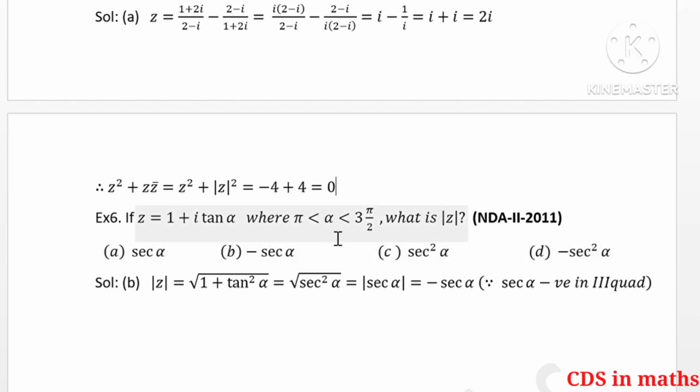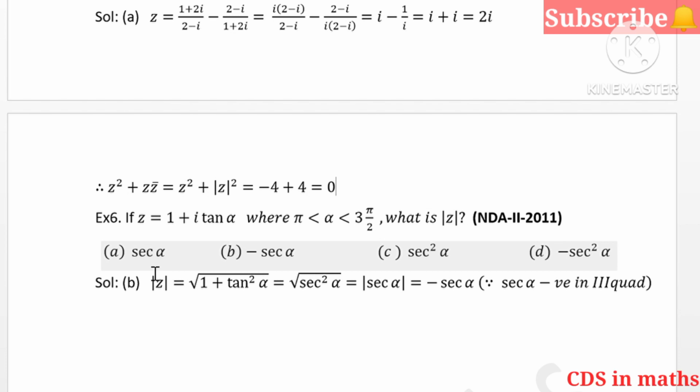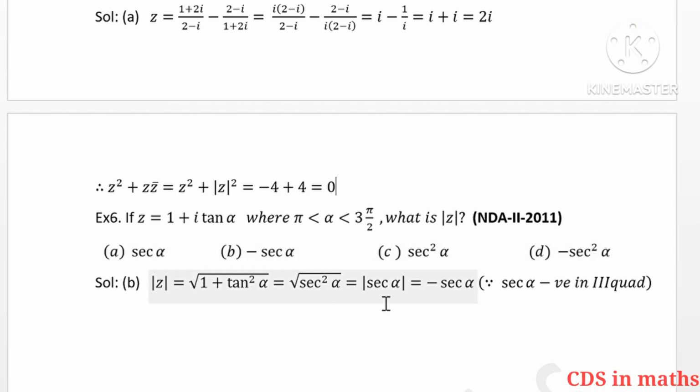But you know that under root anything should be positive. If you write sec alpha simply, then alpha is in the third quadrant, and in the third quadrant sec is negative, and modulus cannot be negative. So this is not the right answer.